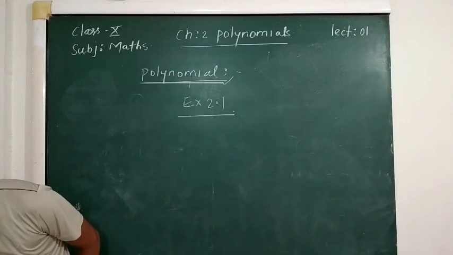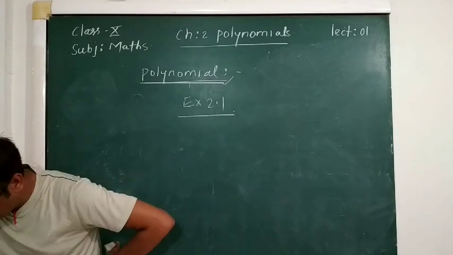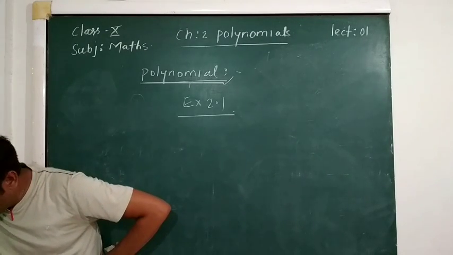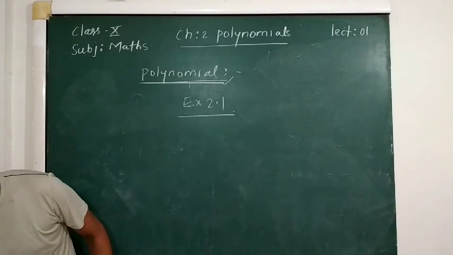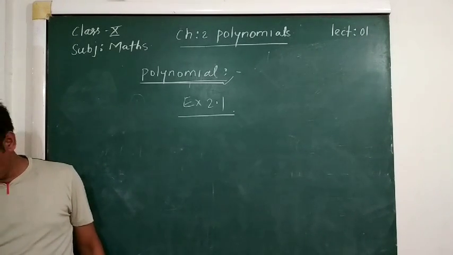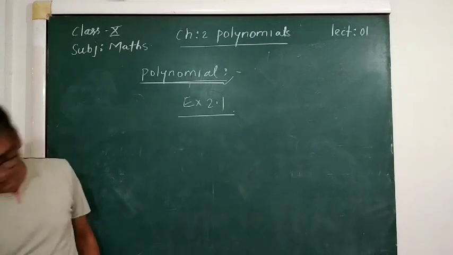So the question is: graphs of y is equal to p(x) are given in figure 2.1 below. Some polynomials p(x) are there. So find the number of zeros of p(x) in each case.